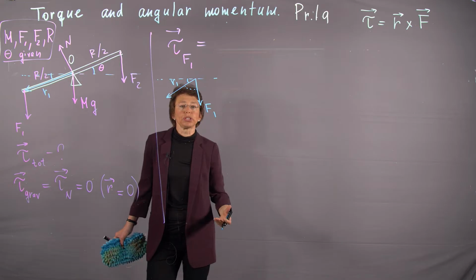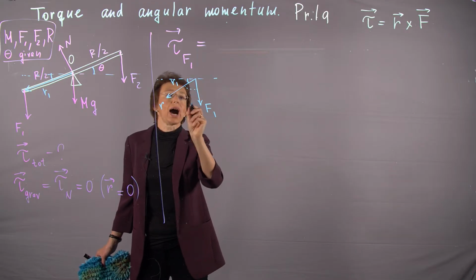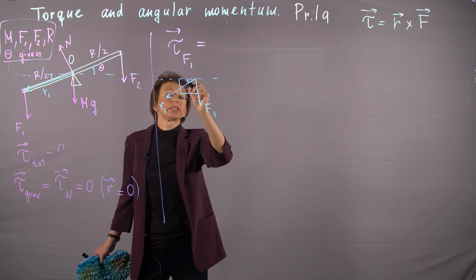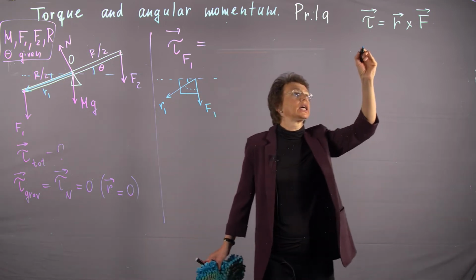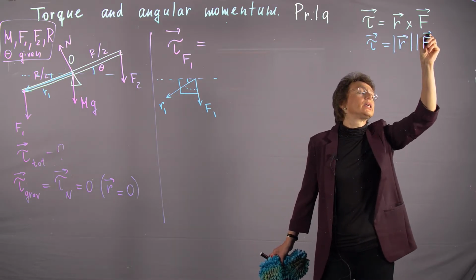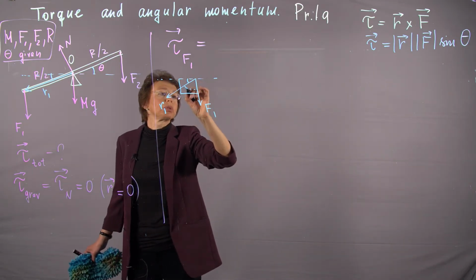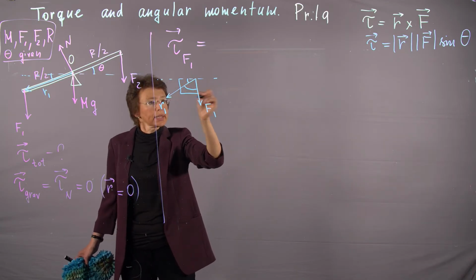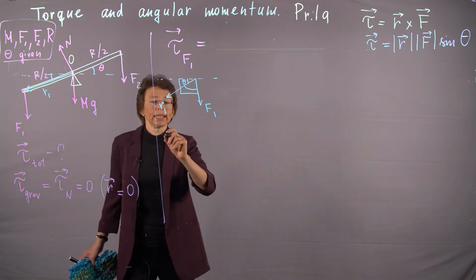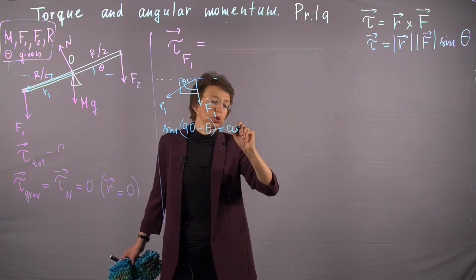So either you use a trigonometric identity and express the angle between R1 and F1 as 90 minus theta, and then it will be the magnitude of R times the magnitude of F times sine of the angle between them, which is sine of 90 minus theta, equal to cosine theta.